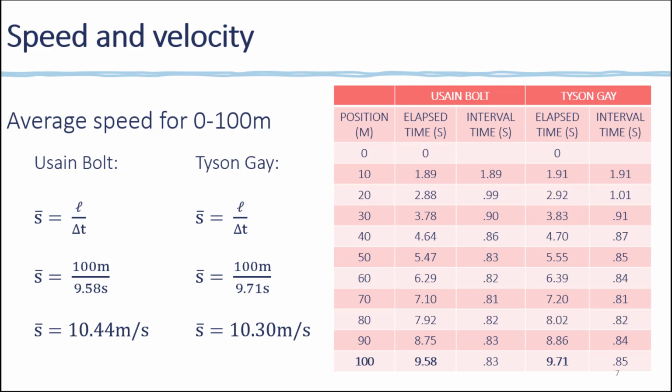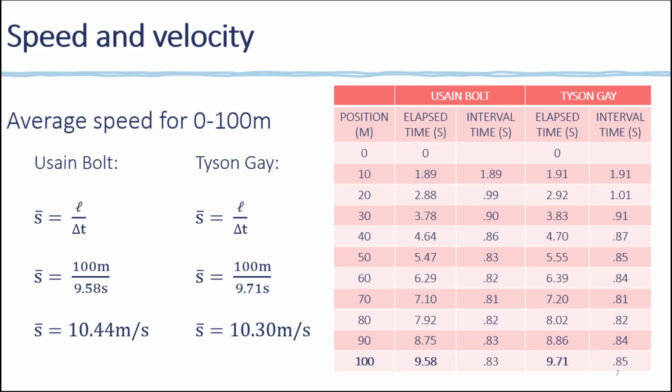So if we wanted to compare the average speed of the two sprinters throughout the race, then we'd use the formula that we just learned a few slides ago on slide 5, and we would obtain an average speed of 10.44 meters per second for Usain Bolt and 10.3 meters per second for Tyson Gay. And we obtain that by dividing the total length by the amount of time that it took, so the elapsed time by the time they got to 100 meters.